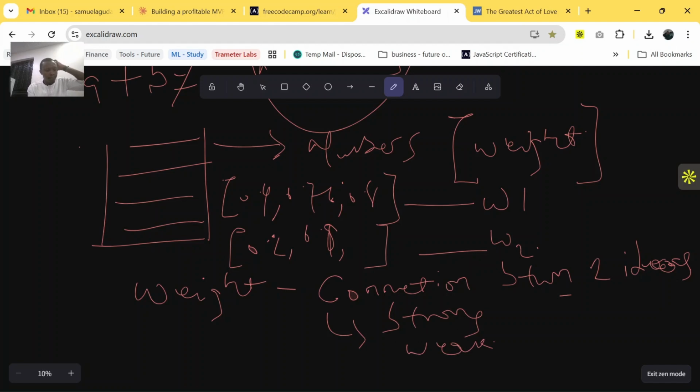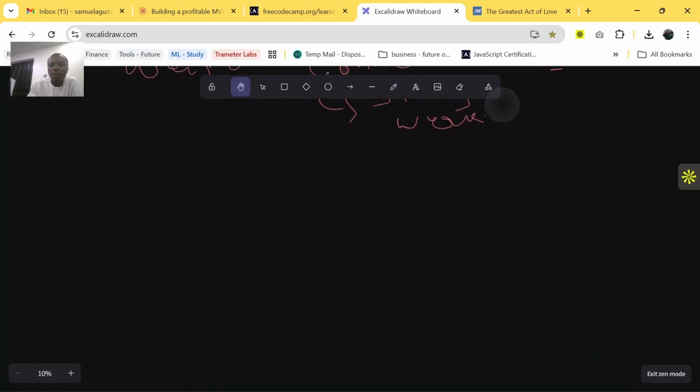So let me give you a very good example, and this should drive it home. What happens in model training is this. Let's start from the top. We said we train models, we train LLMs, which are the models, on data. And then it will look at the data and it will create connections based on that.